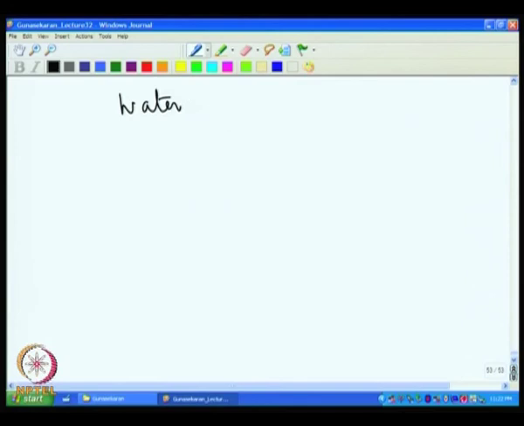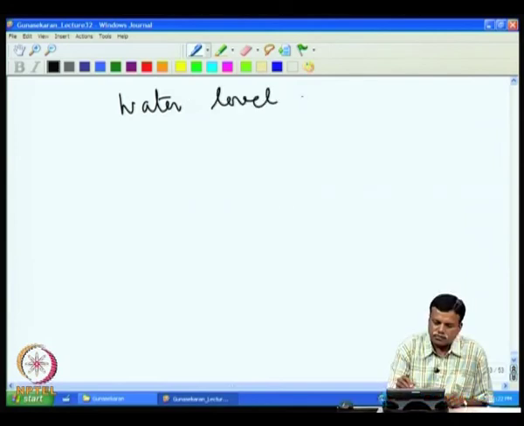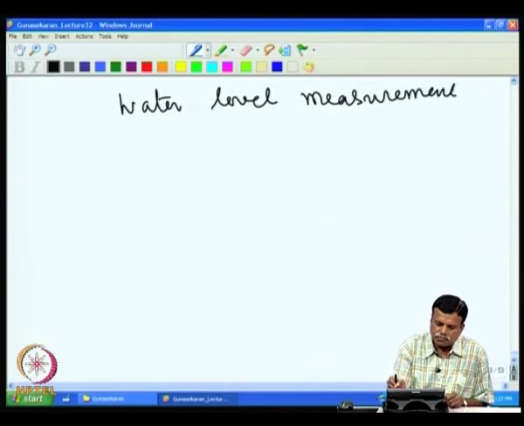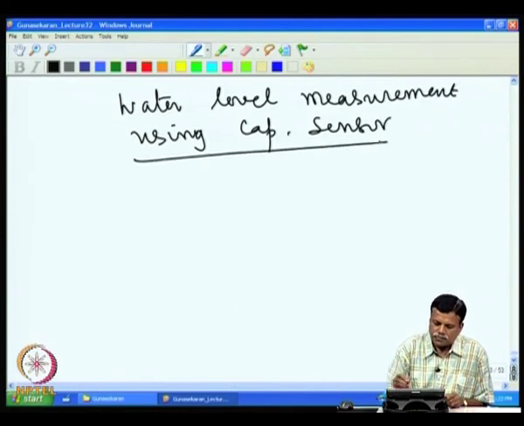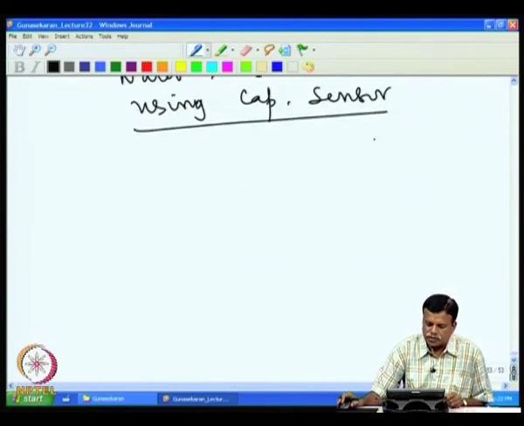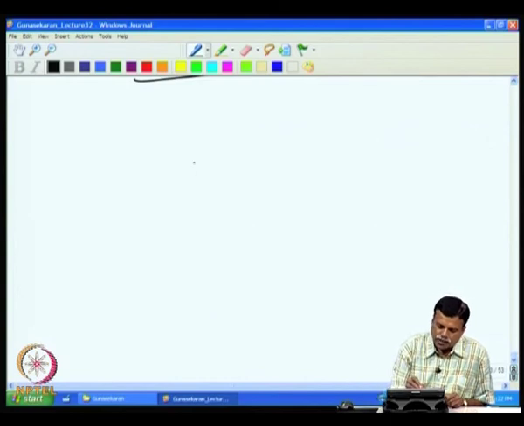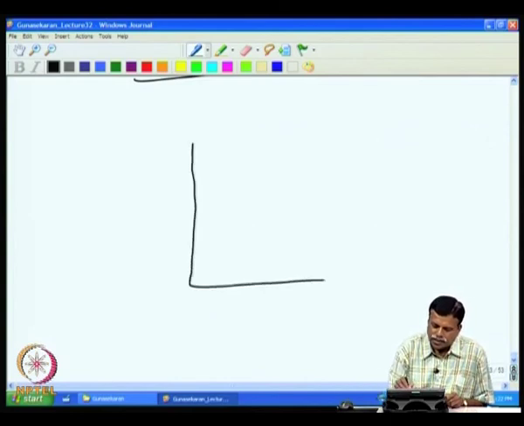Now, let us turn to another application, that is how to make a water level measurement using a capacitance sensor. This is a technique that is used to measure the level of the water in the overhead tank.